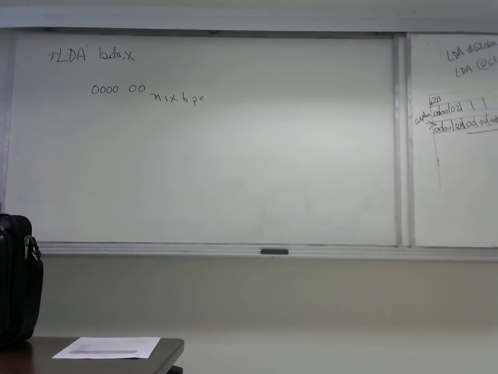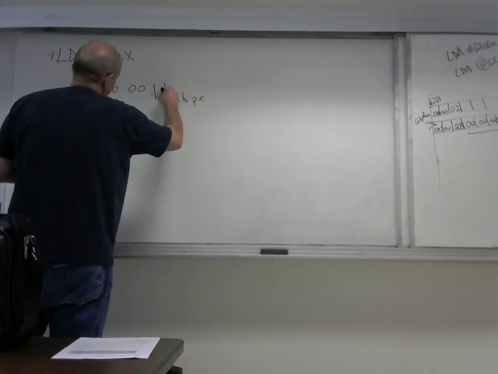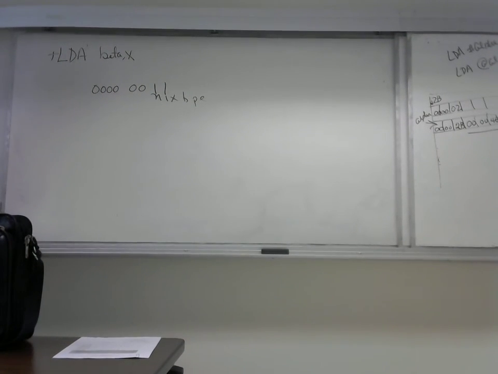Is it indirect? There's no at sign. Is it immediate? There's no pound sign. It's neither one, therefore we have 1, 1. Neither indirect nor immediate. Now, is there an X? Oh yeah.